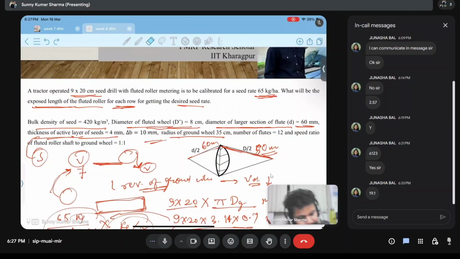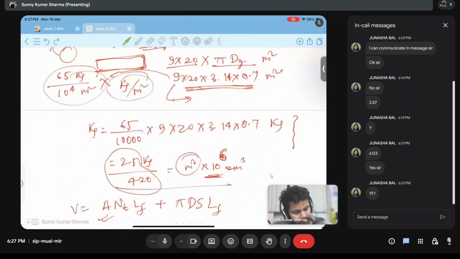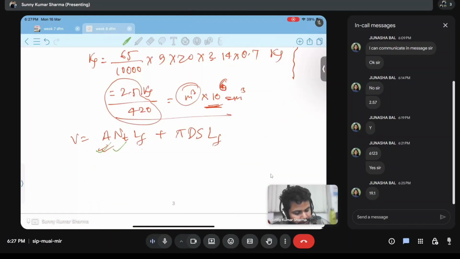So the area we have calculated, the number of foots is there. LF is unknown, where pi D is the diameter of footed hill and S is given, the stress of activity. So on this side pi D S is there, LF is unknown. Take LF common and add this A and plus pi D.